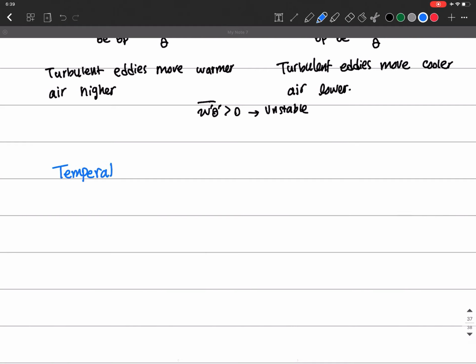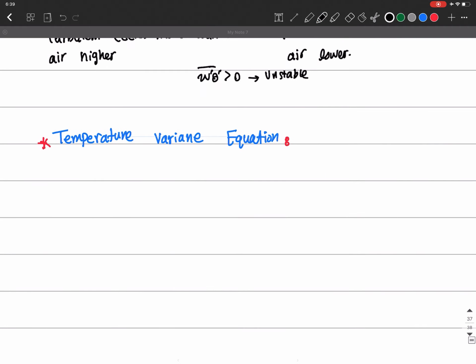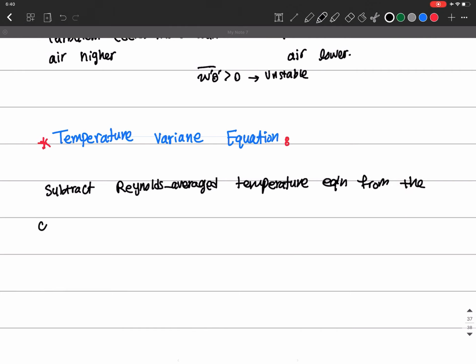Temperature variance equation. So if you subtract the Reynolds averaged temperature equation from the conservation of heat, we get the following.